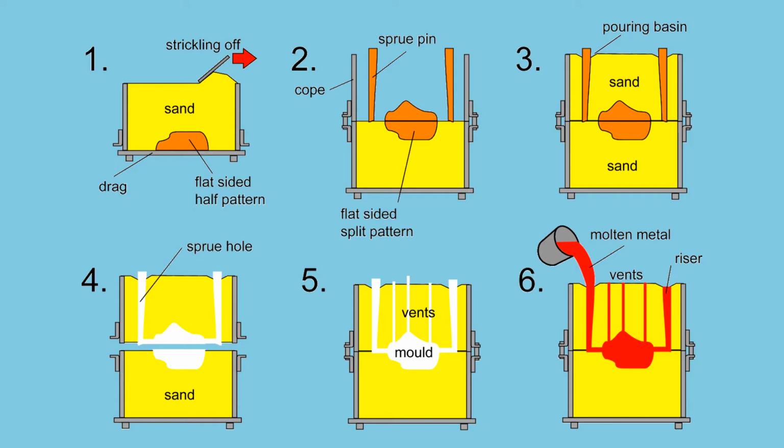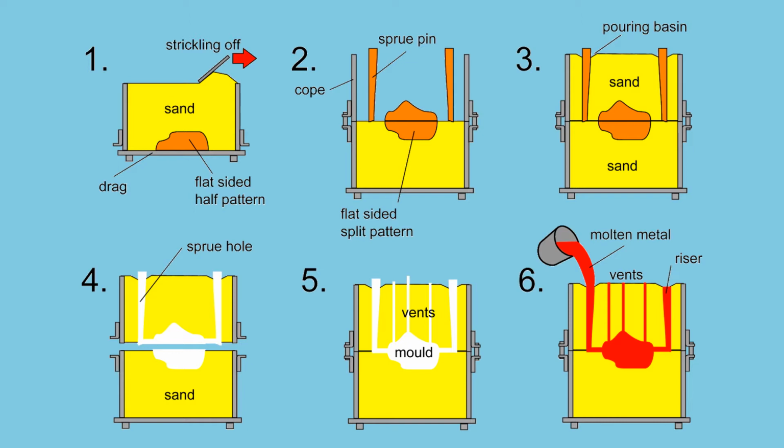So the first thing that will happen is the half pattern will be placed flat-sided down at the bottom of the drag, and then a release agent will be applied in the form of a powder. That has to go right over the pattern, because eventually this pattern needs to be removed, and we want it to be removed easily and safely without damaging our mold.